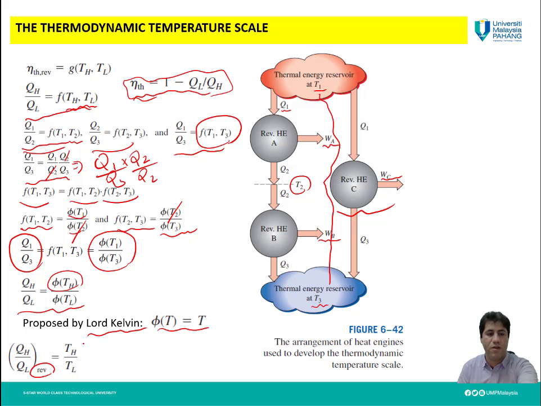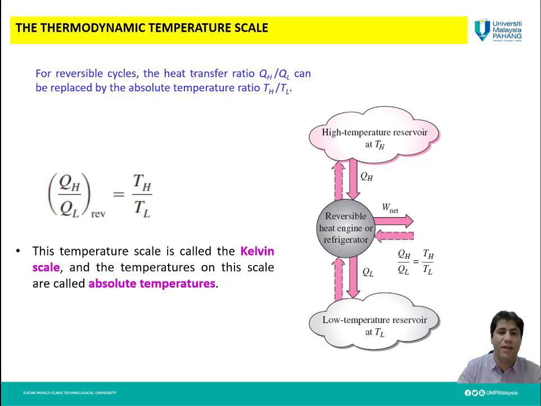So we have this equation. But here T, TH and TL need to be defined by a new scale. This new scale is called the Kelvin scale, and temperature on this scale is called absolute temperature.